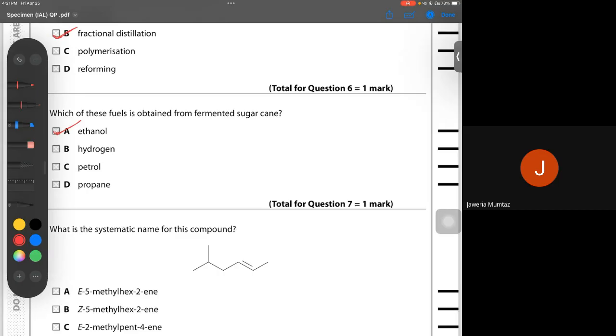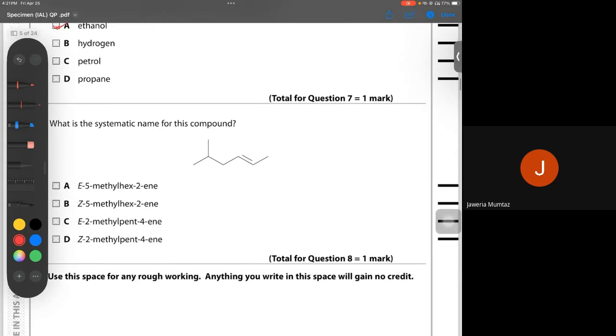So glucose was breaking down into ethanol and carbon dioxide, and that reaction was exothermic. So when I saw this question, I got to know that it was ethanol. So you need to memorize some reactions as well. First of all, you have to memorize. Then the second step would be the concept.